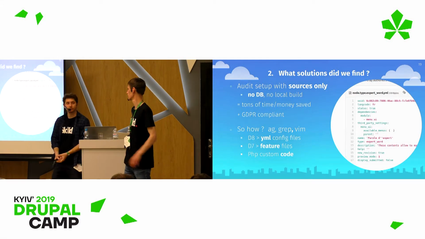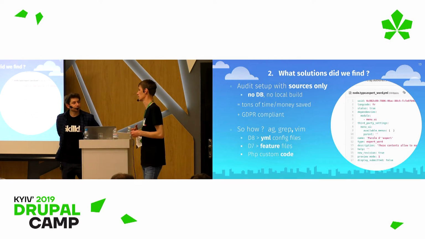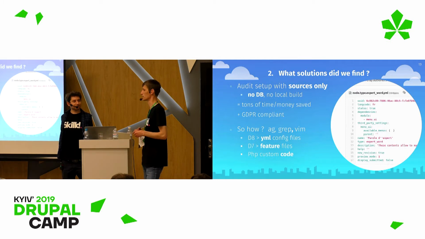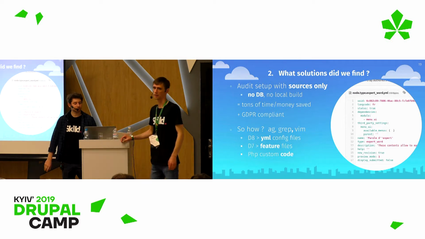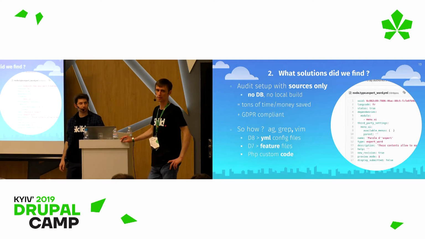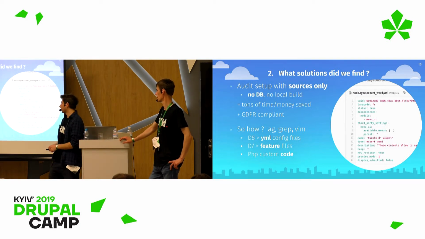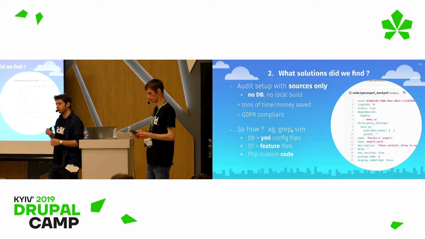In the case of Drupal 8, it was a bit strange for me when we started this audit to not install the site and not get a working site. But in a few days I totally changed my mind. It's very fast and very comfortable as a result. In most of the audits that we perform, the side of the website that is not so good and that brings challenges is often the custom code.